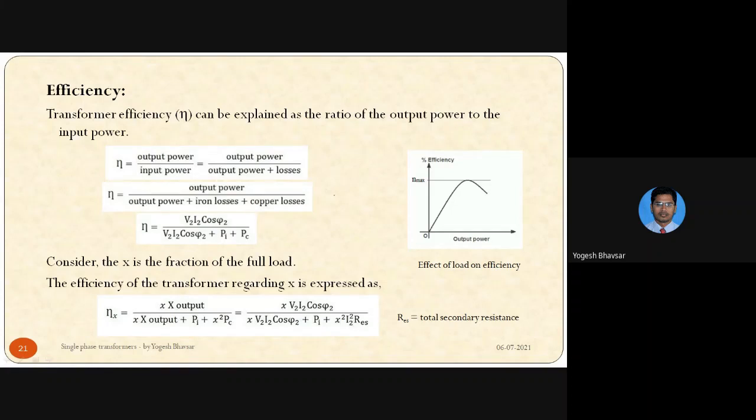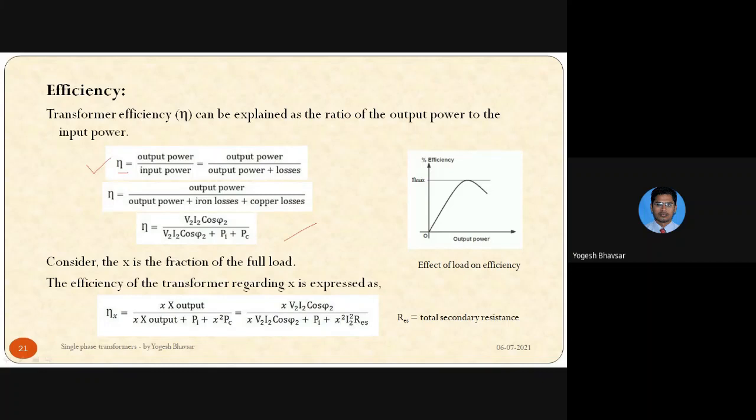See, this is not N, this is eta, a Greek letter, right? So efficiency can be calculated as output power divided by input power. If both output power and input power are equal, then efficiency is 100%. There are no losses. Whatever input we give, we get that much output.